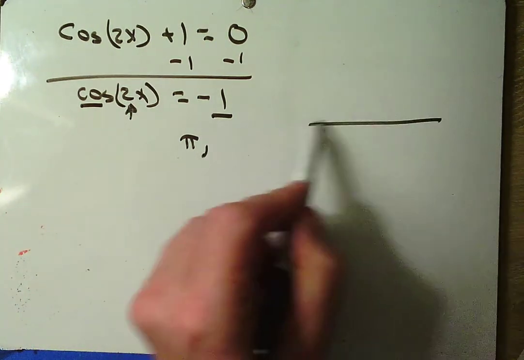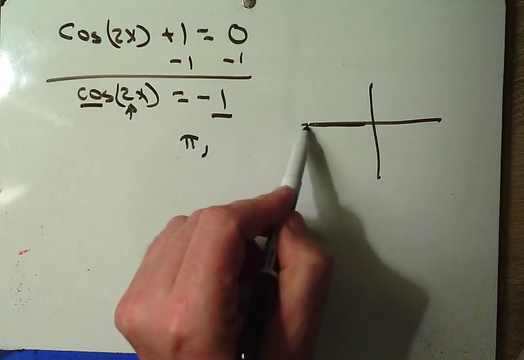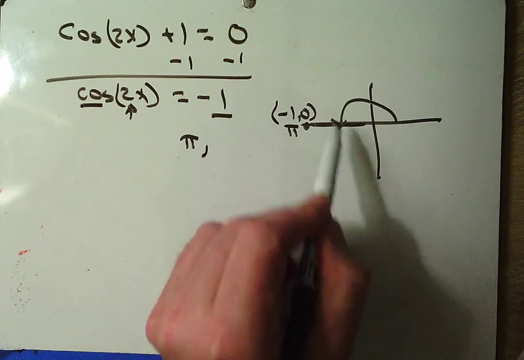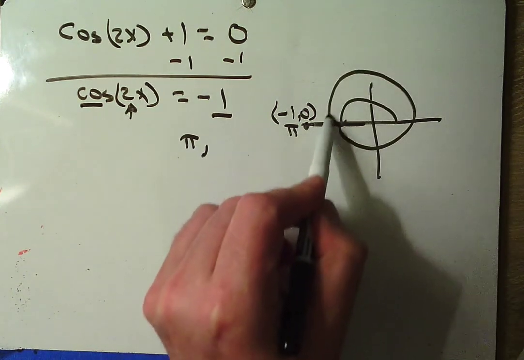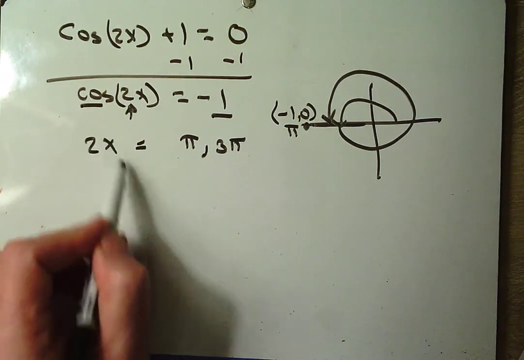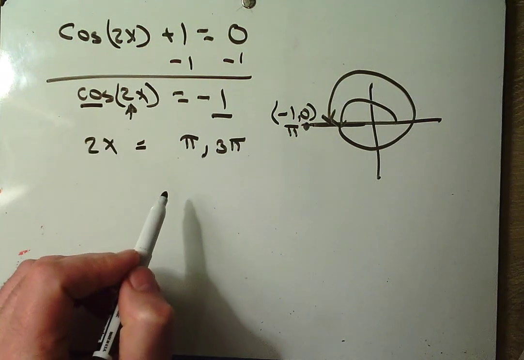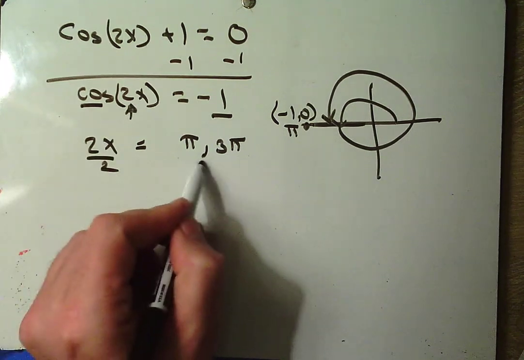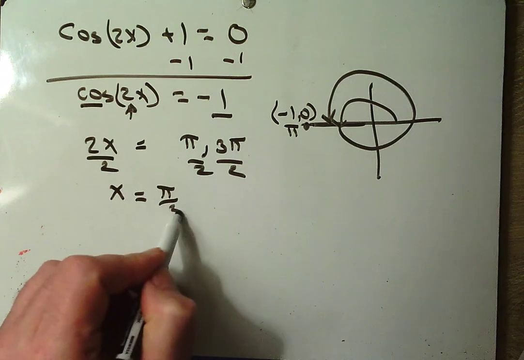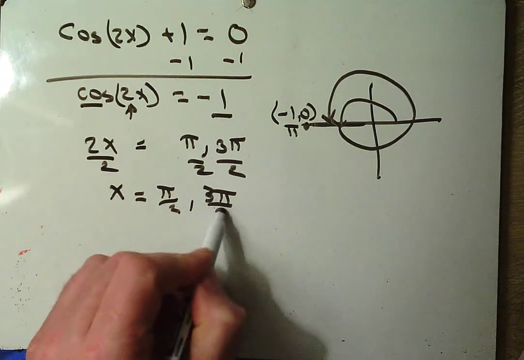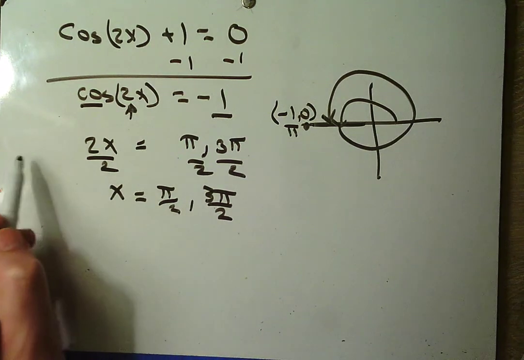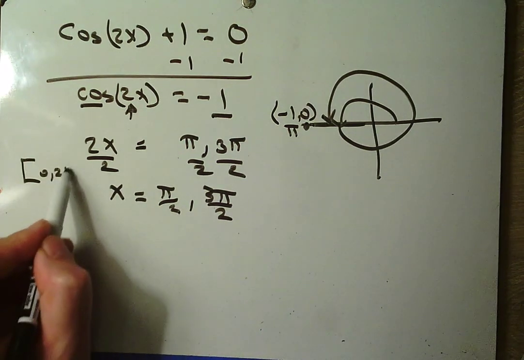So the first time cosine is negative 1 is at pi, and then the next time would be 3 pi. Well, that's what 2x equals. So what does x equal? Well, that means we have to divide everything by 2 to get x equals pi over 2 and 3 pi over 2. Okay? This was the 0 to 2 pi solution.